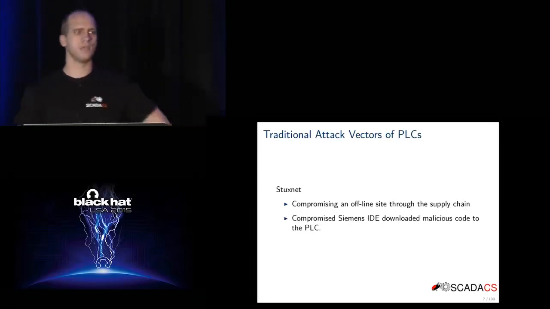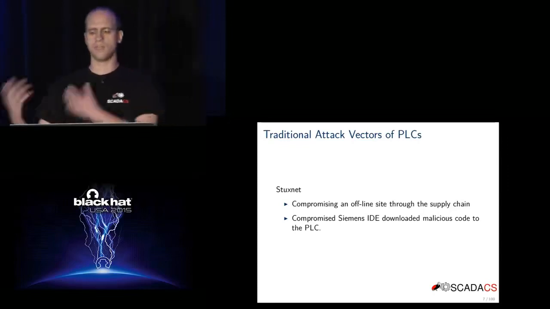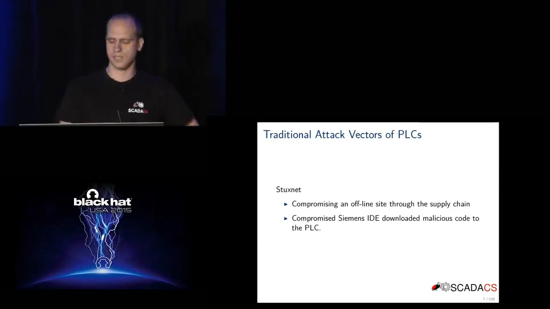So this means that if you have programmed a program A, which you want to download to a PLC, then Stuxnet modified this code and uploaded code B to the PLC. So the engineer was not able to see that and thought, okay, everything is running fine. So this is an offline attack.